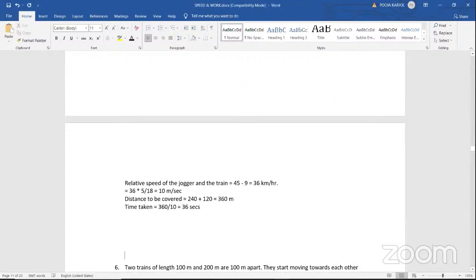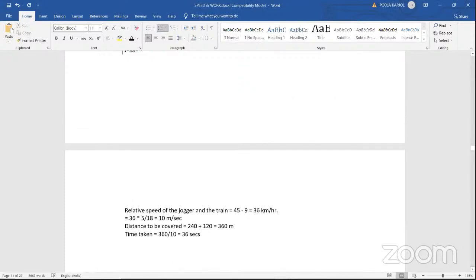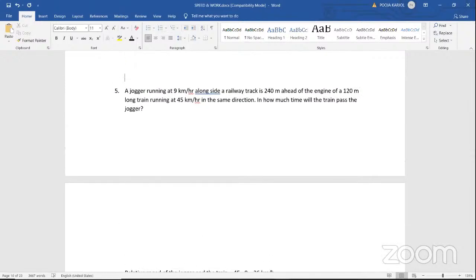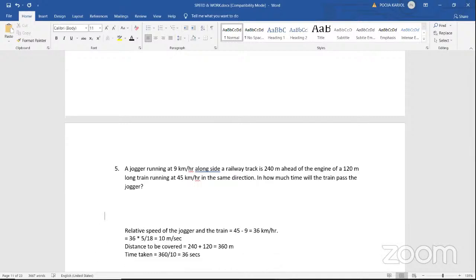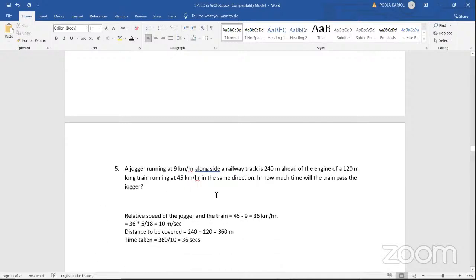Okay. So the relative speed between the jogger and the train is 45 minus 9, because they're going in the same direction. It's 36 km per hour. Convert this into meters per second so that the units are the same. 36 into 5 by 18 gives you 10 meters per second.